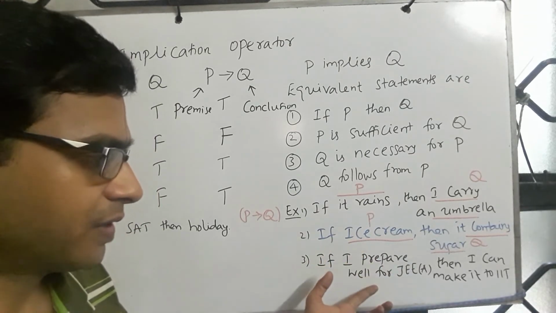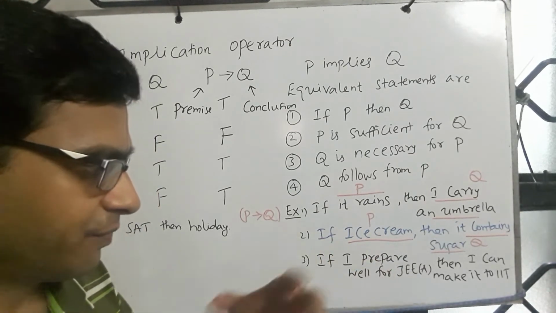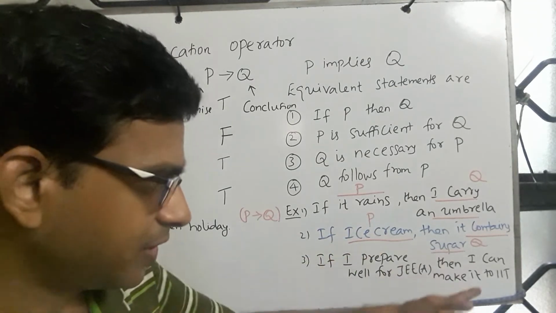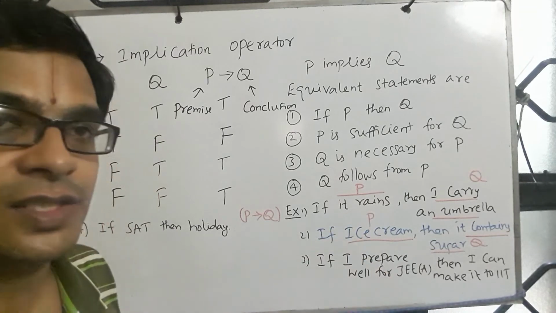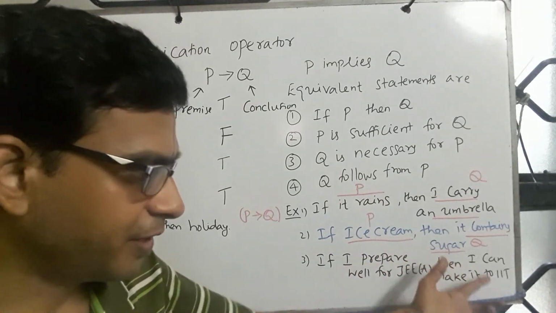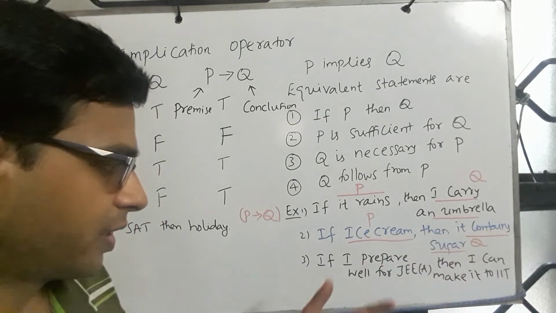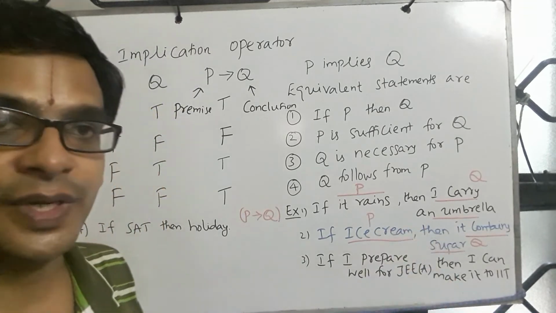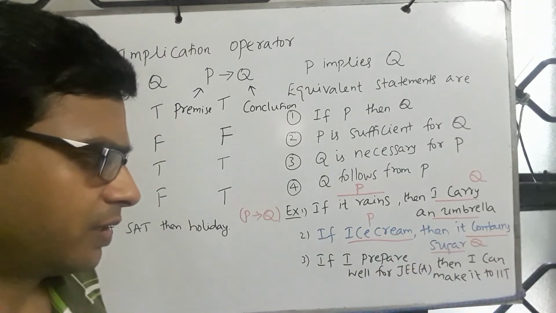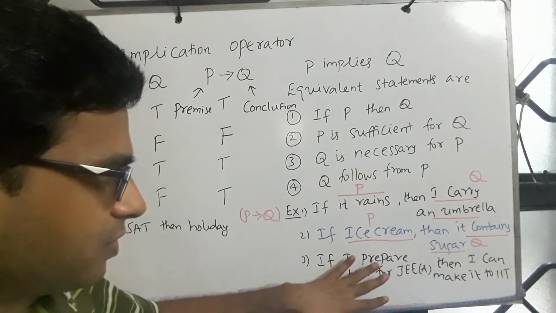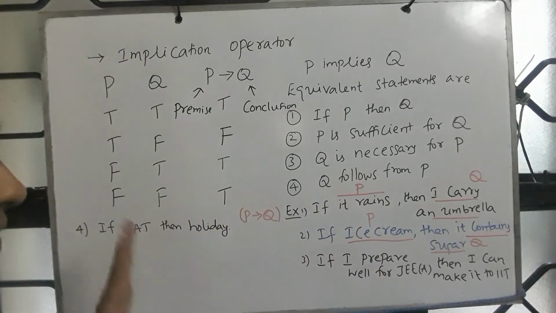Probably I am preparing for NEET or some other competitive exam, and this statement is still true. Or I am preparing for GATE and I made it to IIT, or I am preparing for NEET and I did not get into IIT, and it could be anything. But when the premise is false, one cannot instantiate any of this statement.